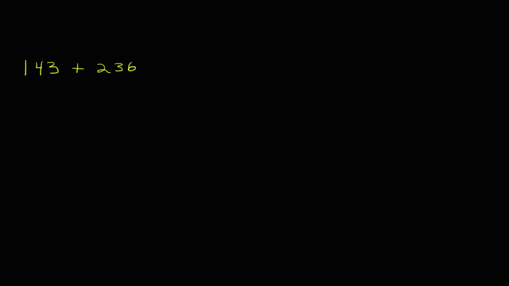What this becomes is 1 times 10 squared plus 4 times 10 to the first plus 3 times 10 to the 0. And then we're going to add that to 2 times 10 squared plus 3 times 10 to the first plus 6 times 10 to the 0.